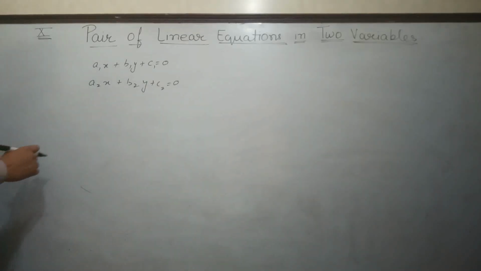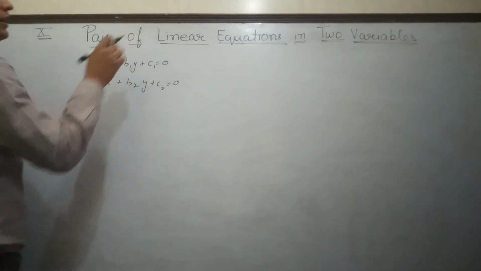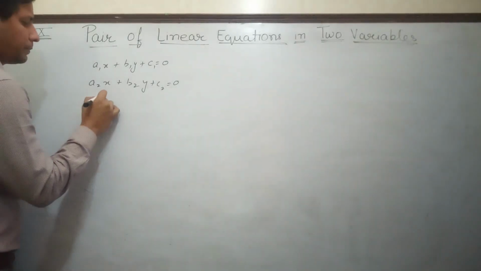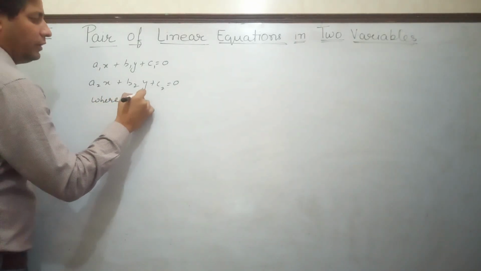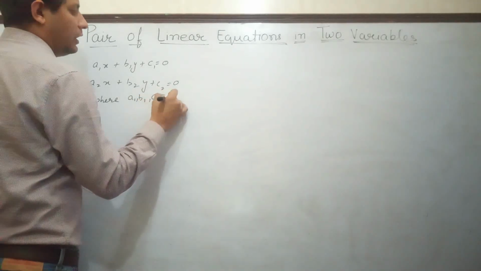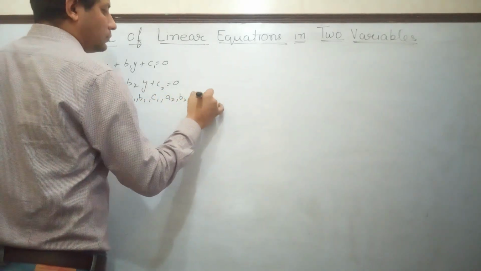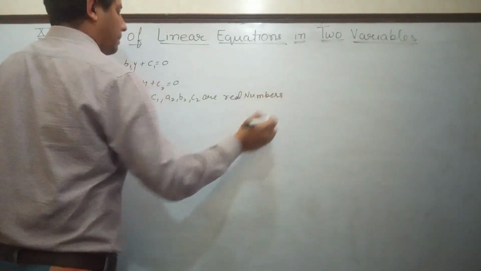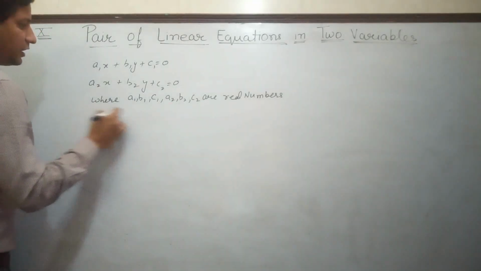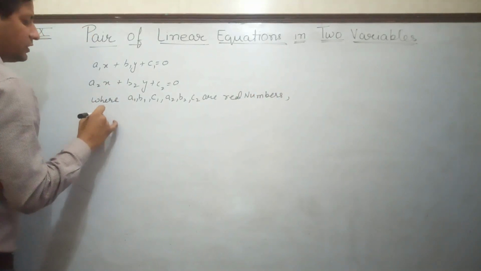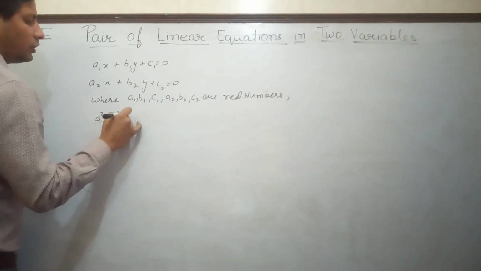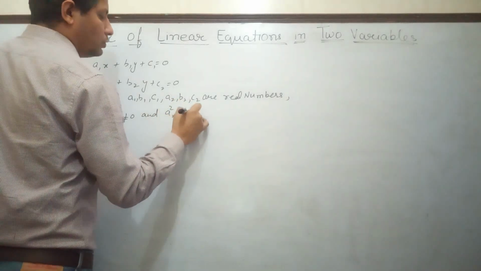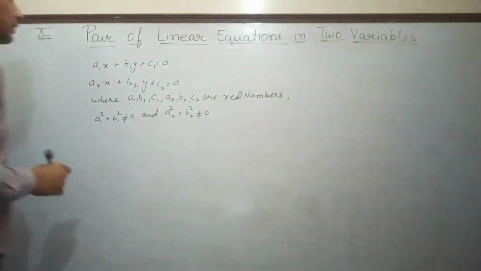In class 10th, we learn pair of linear equations in two variables. Here we have two equations where a1, b1, c1, a2, b2, c2 are real numbers, with the condition that a1 square plus b1 square is not equal to 0 and a2 square plus b2 square is not equal to 0.